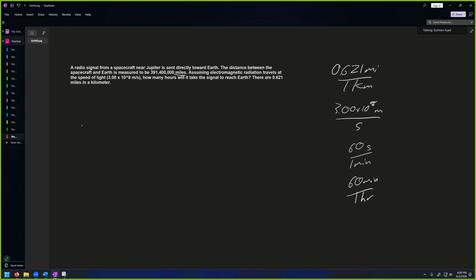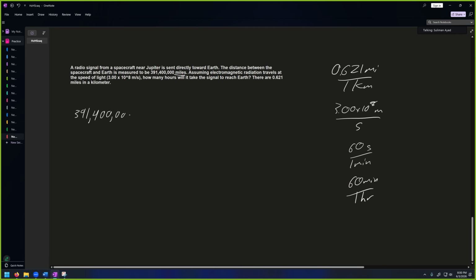When setting this up, I want to make sure that I include my units and that I'm canceling something every step of the way. You'll probably be given something that is a lone unit, something that isn't part of a conversion factor. In this case, it was 391,400,000 miles. And so that miles is what we'll be writing down first. 391,400,000, mi.